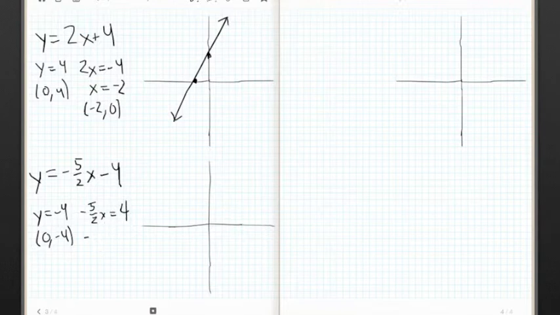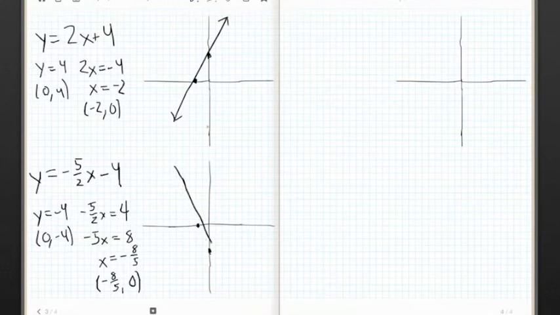We have a fraction here, so let's multiply everything by 2. X equals negative 8 over 5. And we'll get negative 8 over 5, 0. So now, plotting 0, negative 4 right here, and negative 8 over 5 right there. Let's just draw a small line there. Close enough. Again, here, we're not trying to get an exact graph. This is just a general estimate using this method.